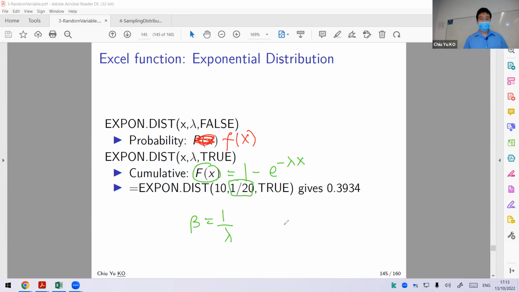So what I mean is Excel uses this. Sometimes you want to use this or you want to use that. I don't know which one is more convenient, but that is what Excel uses, and sometimes other software uses the other one, so I don't know which one to pick. So that is the notation.